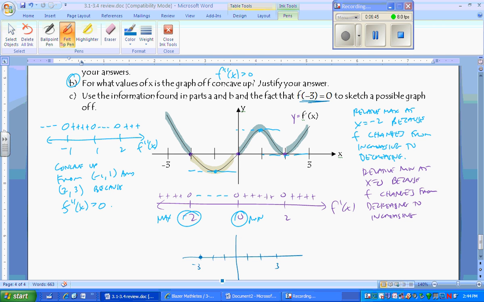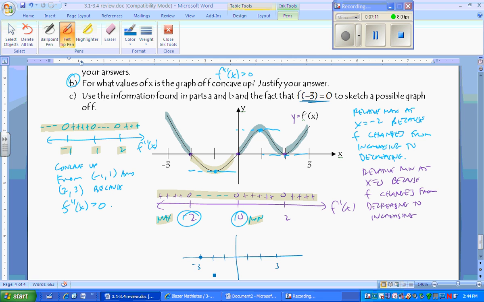We have some freedom as to where we put the y values. As long as our general shape is the same, we're good. So we're using these number lines and all this information along with where our maximums and minimums are and our inflection points, which would be all three of these, because they're changing from concave up to concave down or vice versa. So we're using all that information to sketch a graph.